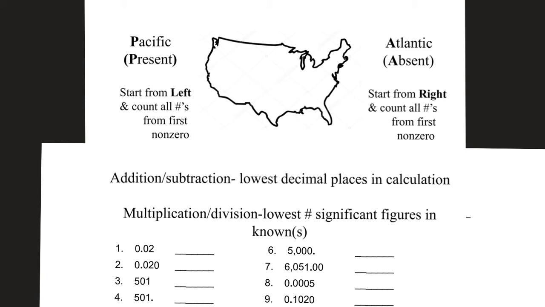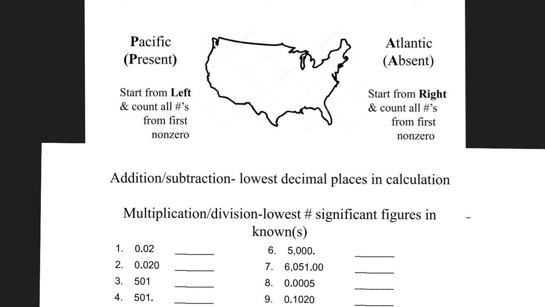The Atlantic or the Pacific? You should have said Pacific because the decimal is present. So I'm going to start from this side of the number, start from the left, I hit my first non-zero number, which would be the 6, and then I count till I run out. 1, 2, 3, 4, 5, 6. So this would have 6 significant figures.